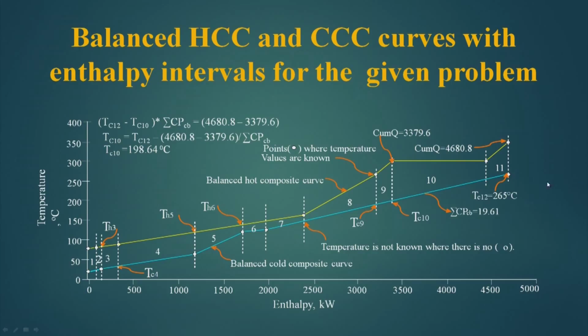This is equal to the enthalpy available here minus the enthalpy available here. If we use this equation, we compute the value of TC10 as 198.64 degree centigrade.